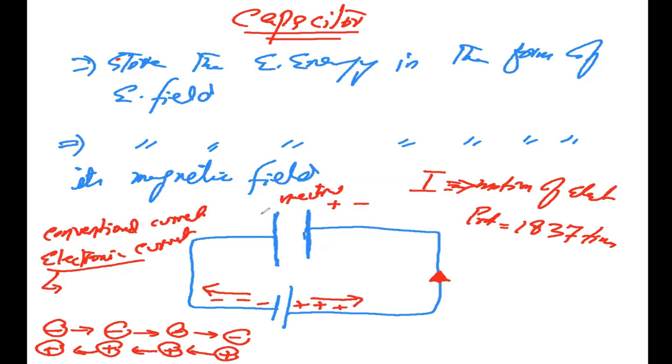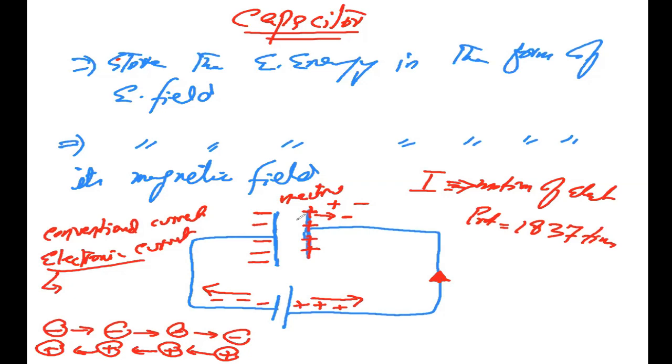But when an electron comes over here, then the electron on this plate will go backward, so here you will get positive charge. If another electron comes over here, it will repel the electron, and it will go backward, so here you will get positive charge. Similarly, here you will get lots of negative charges, and here you will get lots of positive charges. So you can say that the electrons on this plate induce positive charges over here.